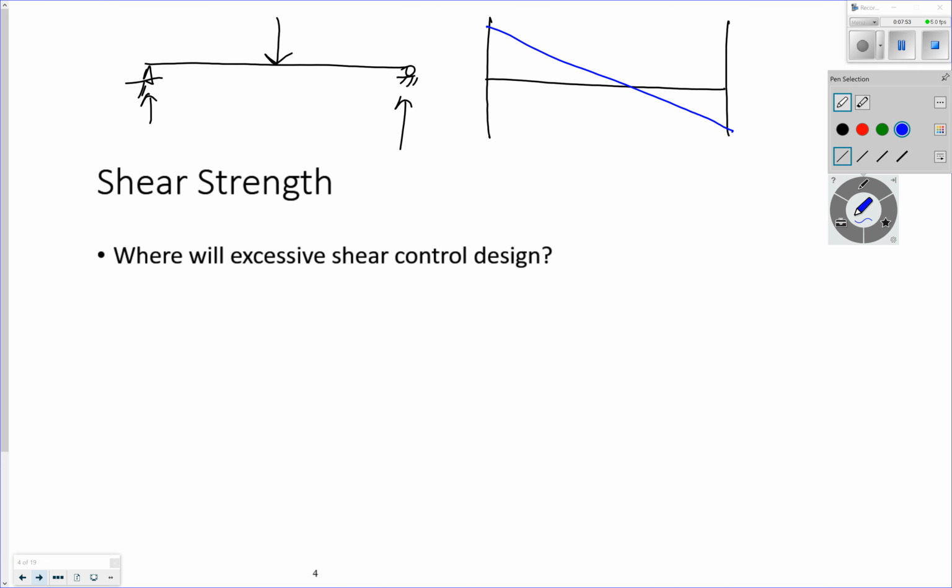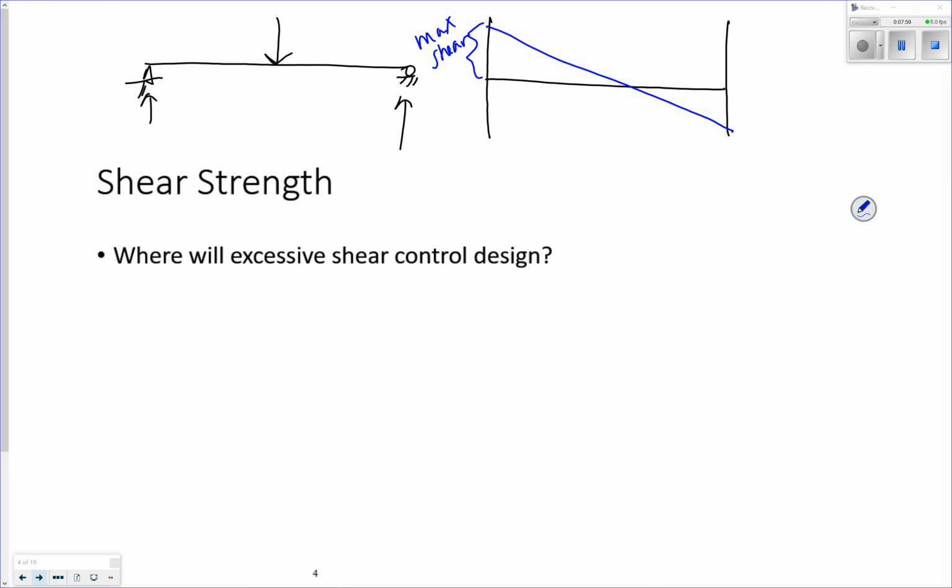Where you have your maximum shear forces near your supports. So that's where we're going to look for our design forces.